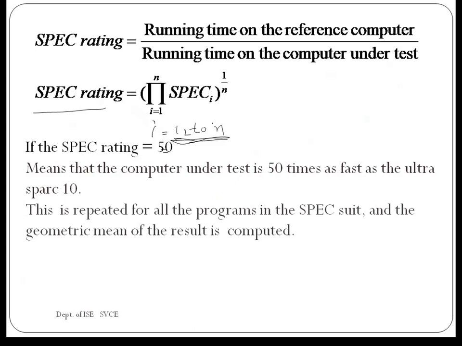So here 50 indicates the computer under test is 50 times faster than the UltraSPARC. So UltraSPARC is the reference computer. This process is repeated for all the programs in the SPEC suite, and the geometric mean of the result is computed.